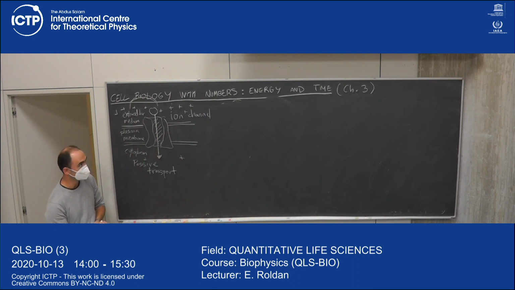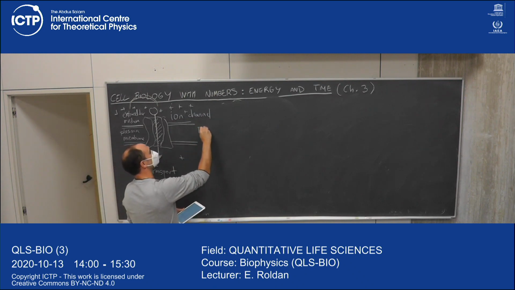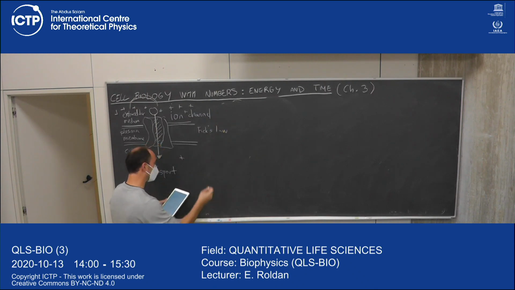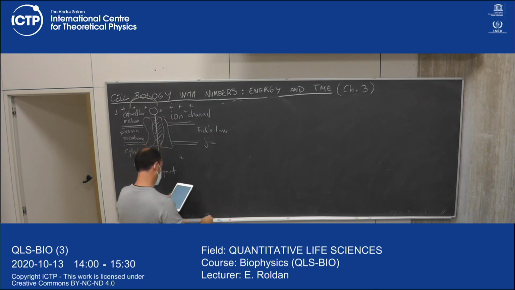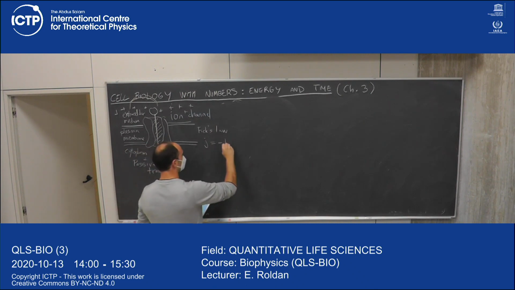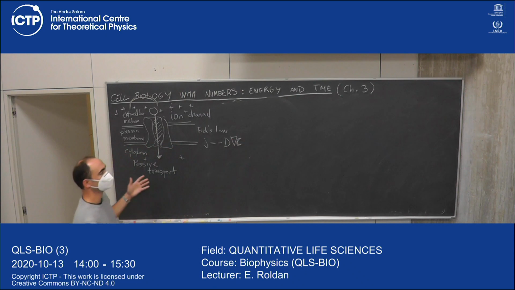They will go in. Exactly. That's it. There is a physical law. It's called Fick's law, which tells you that there is a current of ions that is proportional to minus the diffusion coefficient times the gradient of C. So it goes against the gradient.